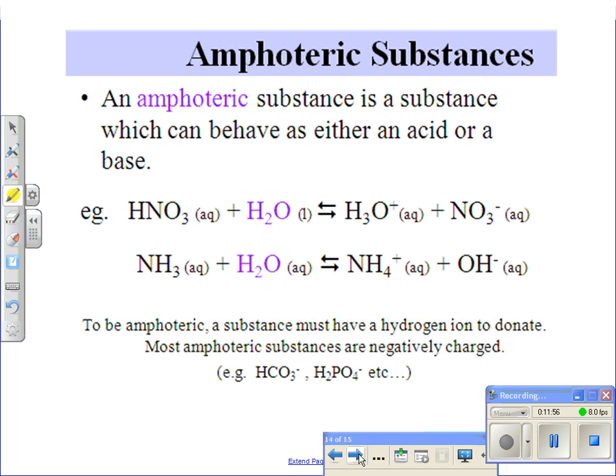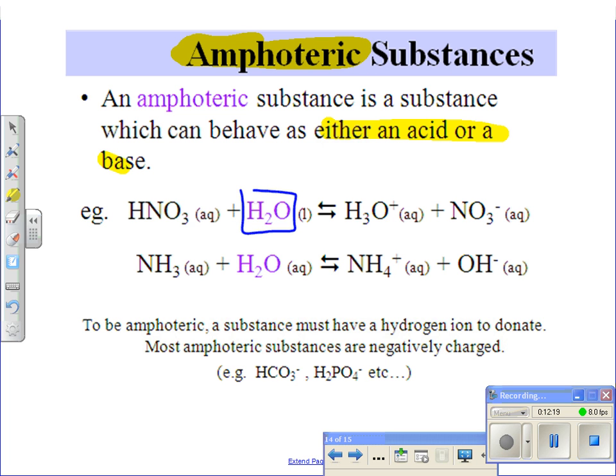Amphoteric. You'll hear that every now and then in the chapter. Amphoteric refers to a substance that can act as either an acid or a base according to Bronsted-Lowry. That means you can either lose an H or gain an H. So water is an amphoteric substance.